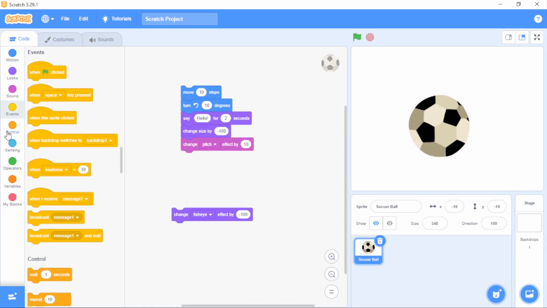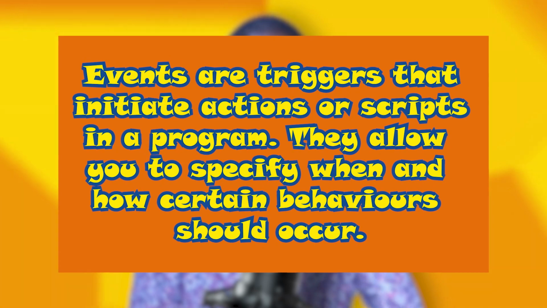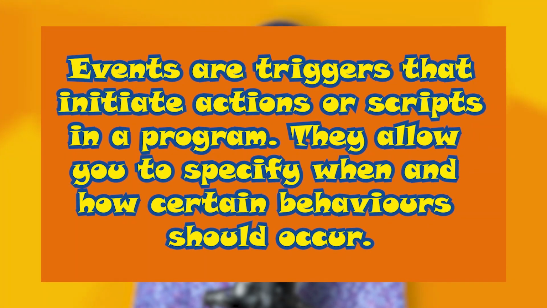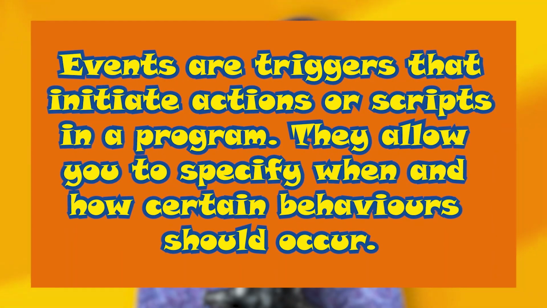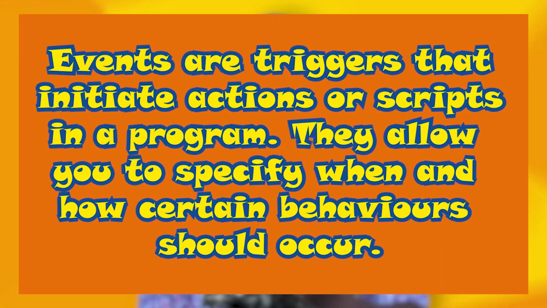Let's move over to the event section. Now, moving over to events. What are events? Events are triggers that initiate actions in your game or program. They allow you to specify when and how certain behaviors should occur.